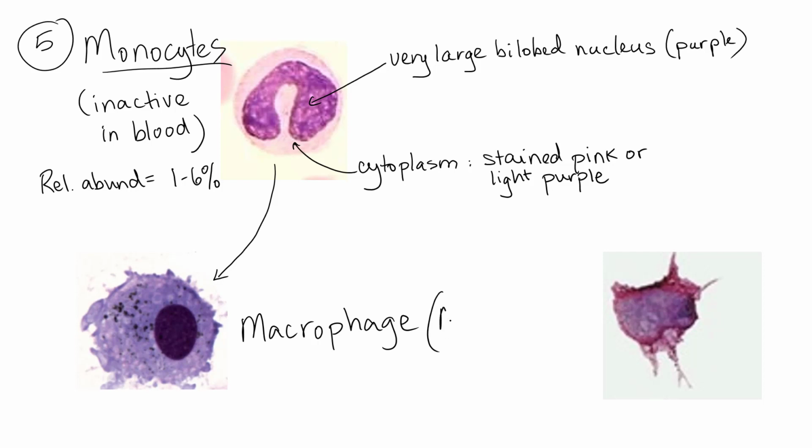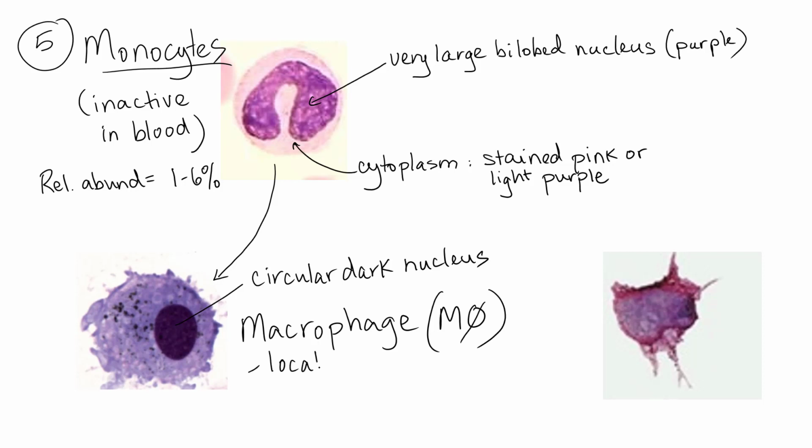Sometimes you see this symbol M like that, meaning a macrophage. So the macrophage looks different than a monocyte. Do you notice that it has a circular, dark nucleus? Now, macrophages are not in the blood. These are located in the tissues.